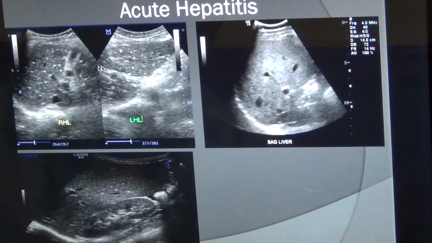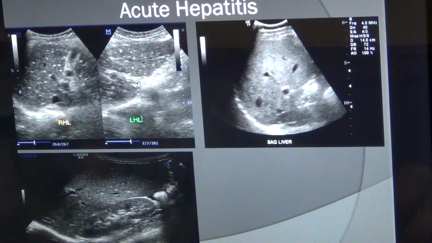Now look, this is a normal liver. It has no bright stars in it. Here you see a little, but the liver is darker, and the echogenicity of the portal veins is a little more, but this is the best one. You can see this is acute hepatitis.